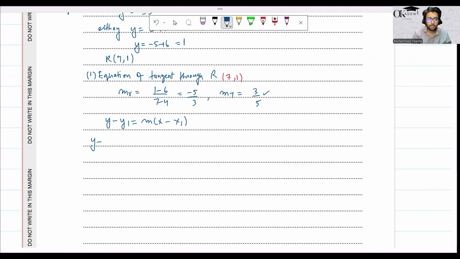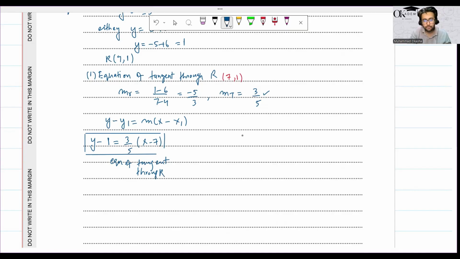So y minus 1 equals 3 over 5 (x minus 7). That is the equation of the tangent through R.